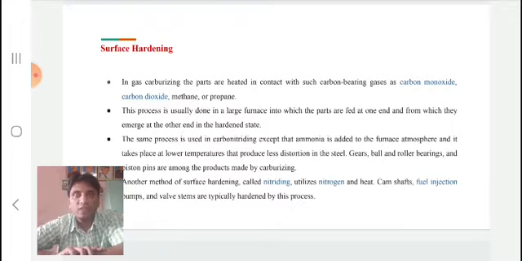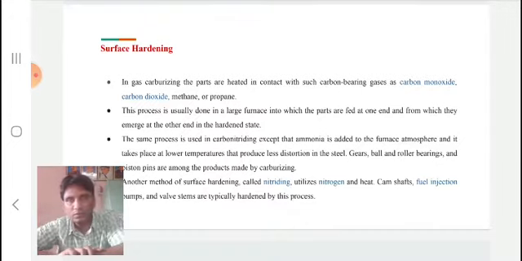And because of uneven surface hardening, there is a chance of the material failing.